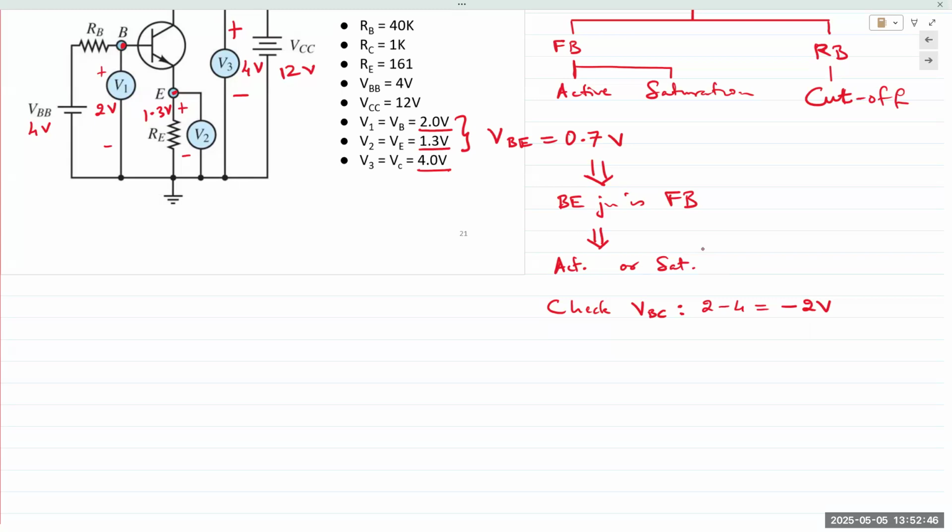Since the base collector junction is reverse biased, that leaves only active. Therefore, the BJT is in active mode of operation.